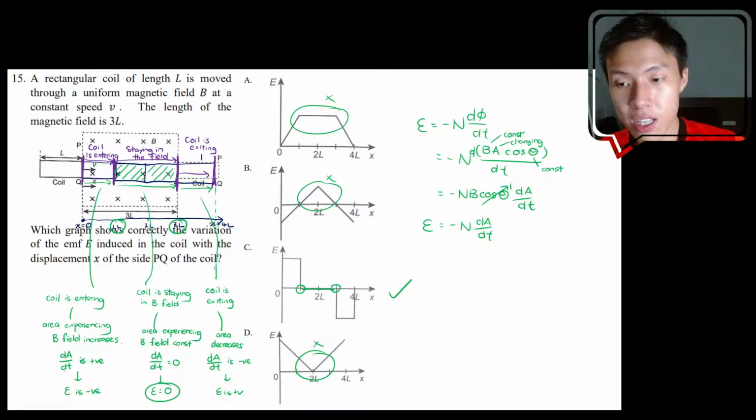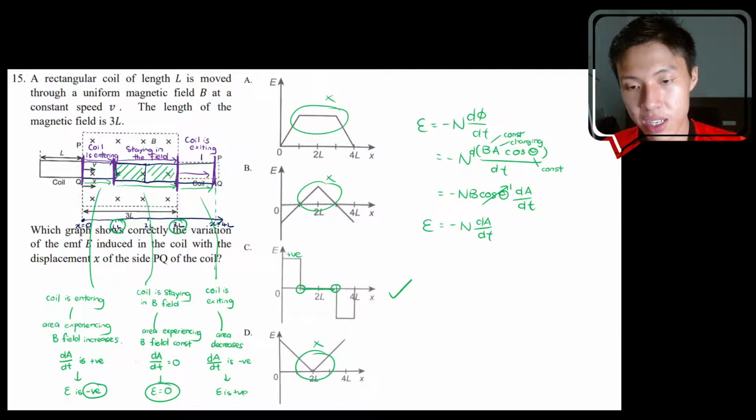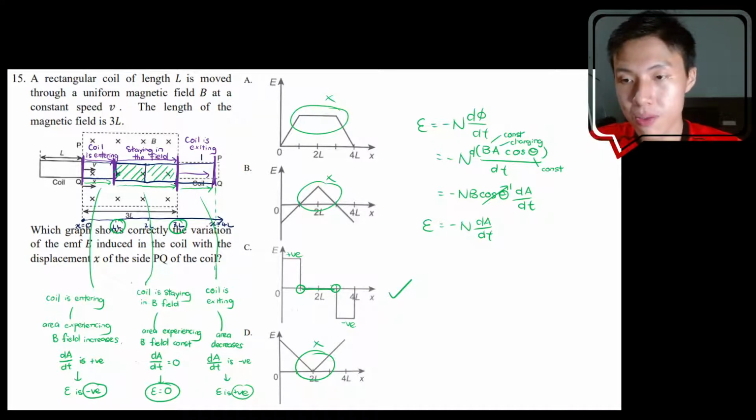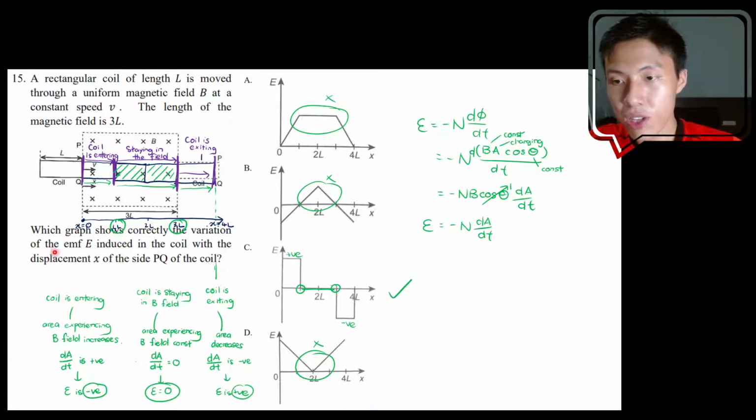Okay, now if you look at the situation, I said initially epsilon is negative, but here the epsilon is positive. Here, I said the epsilon should be positive, but it turns out it's negative. So it's the opposite direction of what I have determined. But if you look at the question, which graph shows correctly the variation of the EMF induced in the coil with the displacement x of the side PQ of the coil?